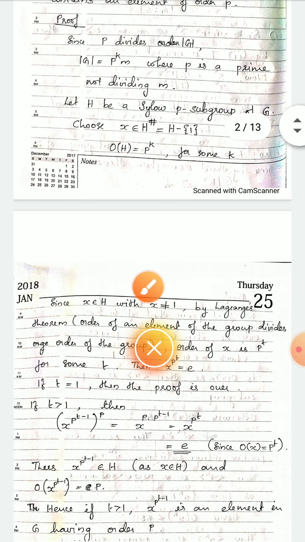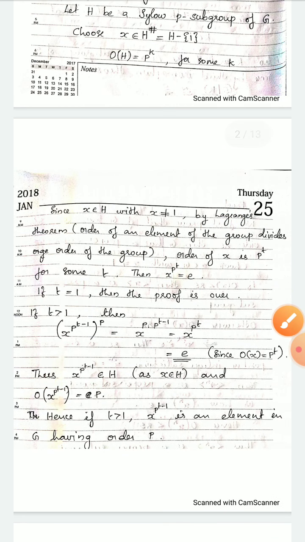Since x is an element of H with x not equal to 1, x is an element of H which is not the identity element, by Lagrange's theorem. You have studied Lagrange's theorem. Lagrange's theorem states that the order of a subgroup divides the order of the group, and here we are taking the corollary of Lagrange's theorem.